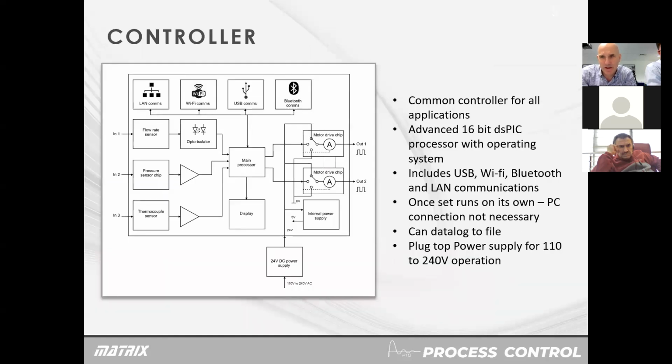I'm going to talk a little bit about the electronics because that's something I'm interested in. And what we've got in these process control rigs is a really high-tech electronics controller. As you know, we do a lot of work with electronics, with E-blocks and other products, and Matrix is really, really good at this. We are world experts in control, I like to think. So there's a small circuit board. You can communicate to it using USB, Bluetooth, Wi-Fi, or local area network. There's a powerful processor.